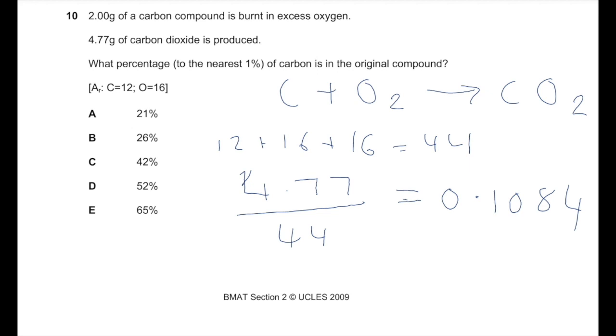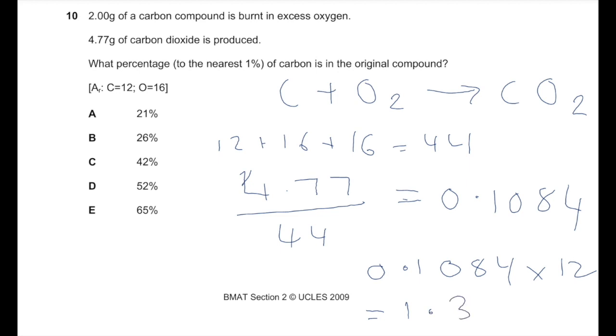Now, using this 0.1084 mole value, we could times this by the MR of carbon. So we'll do 0.1084 times by 12, which is equal to 1.3.